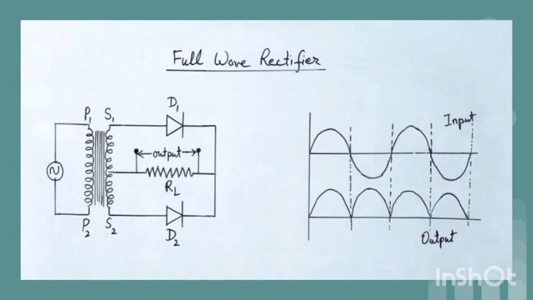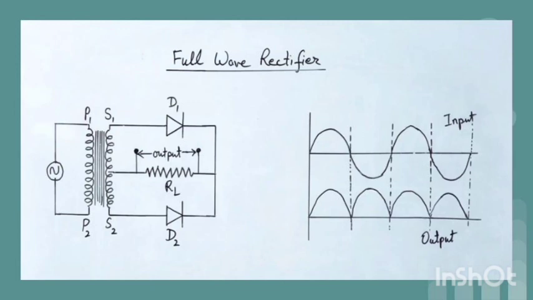Hence the forward current flows through the load due to flow of majority charge carriers of the diode D2. As a result, current through the load RL is in the same direction during both half cycles of the input. We get a unidirectional output having ripples, which means it has both AC and DC components.